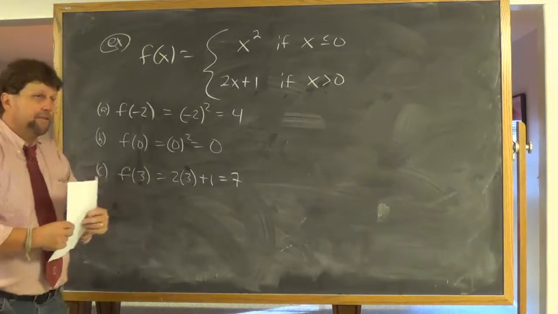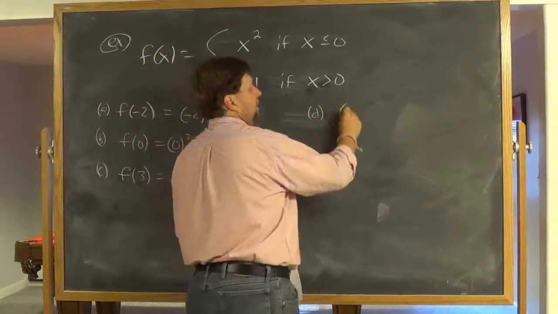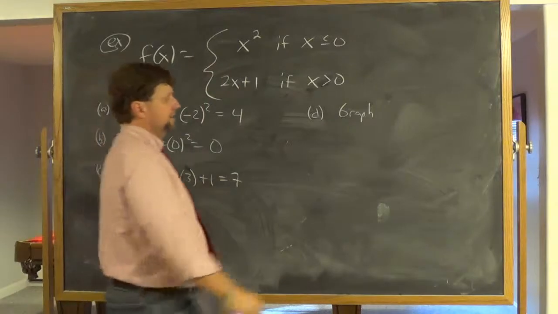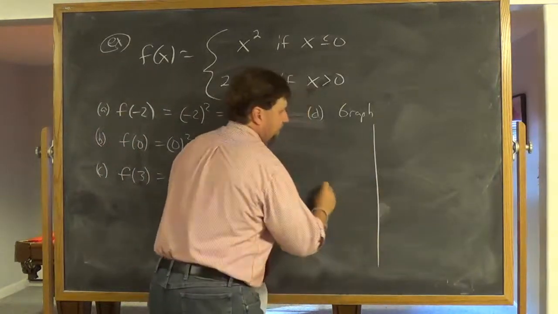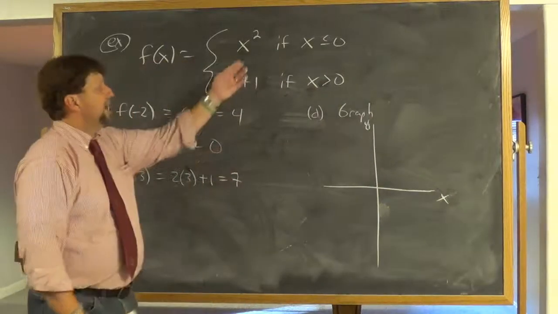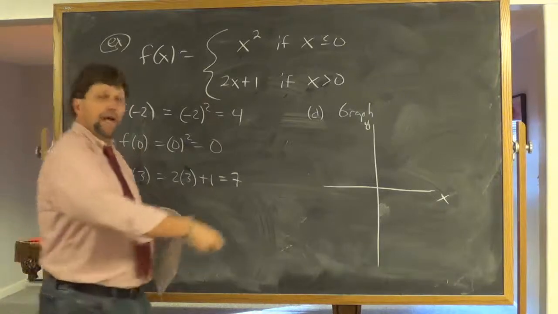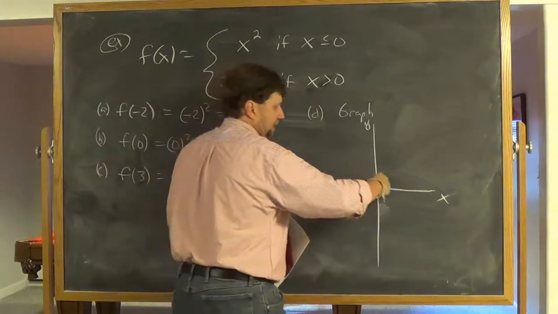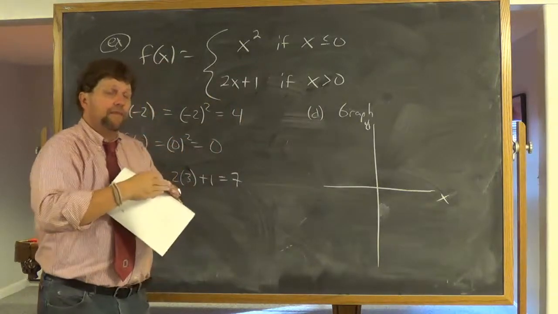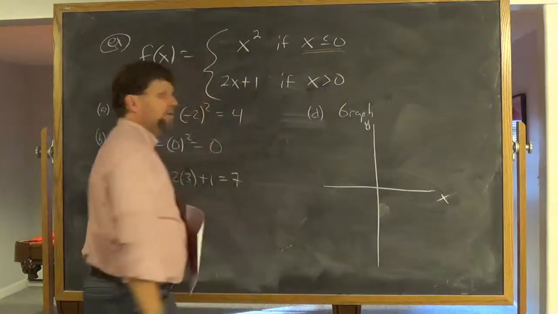Then if you're asked to do the following: graph this piecewise defined function. Knowing the graph of x squared, which I said was one of the graphs I expect you to know, x squared has a shape like this, but you're only going to graph x squared for x less than or equal to 0.